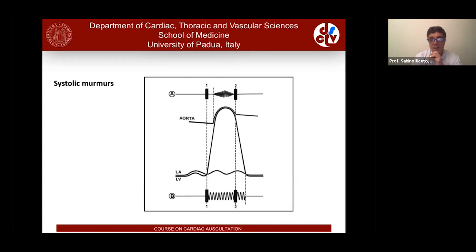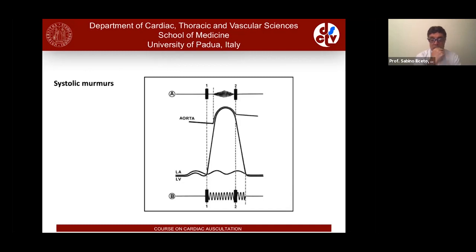So this is a classical phonocardiogram that highlights the concept of regurgitation and the concept of timing of murmur, in order to distinguish between aortic stenosis and mitral regurgitation.